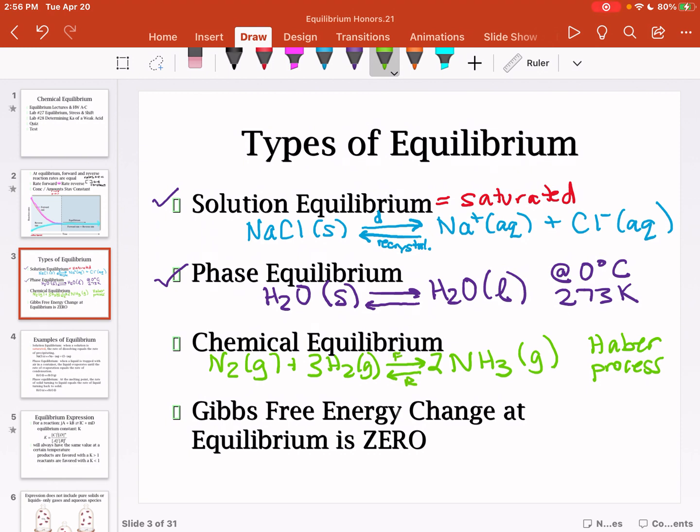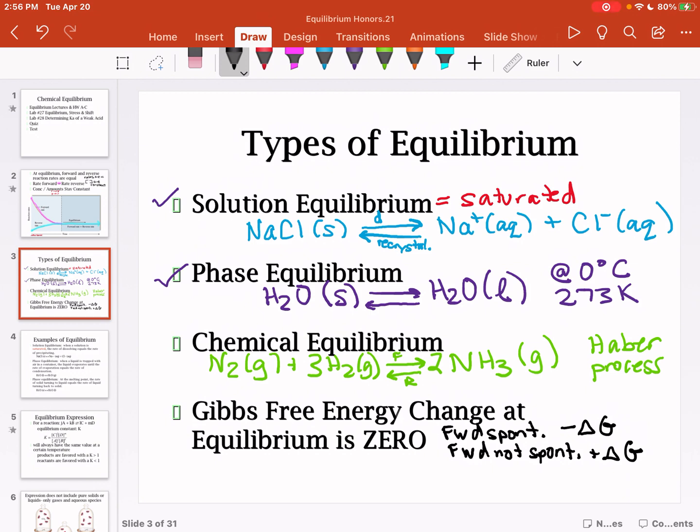So it would stand to reason we know if our forward reaction is spontaneous, that we would have a negative delta G value. So if our forward reaction is not spontaneous, we know we would have a positive delta G value. So the truth of the matter is as we said, what's going forward is then going in reverse.